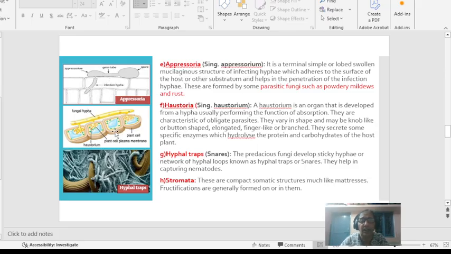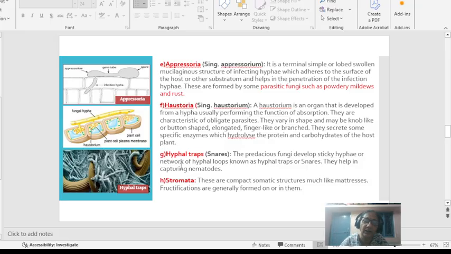Then the other type is the haustoria. It is an organ that is developed by a hypha, usually performing the function of absorption. This is characteristic of obligate parasites. They vary in shape and may be knob-like or button-shaped, elongated, finger-like, or branched, and they secrete specific enzymes which hydrolyze the proteins and carbohydrates of the host plant.